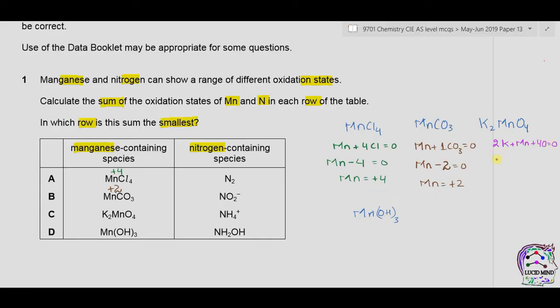Potassium is in group 1 of the periodic table, so its oxidation state is +1. So for 2 potassium it will be +2. Then we have manganese, then 4 oxygen. For 1 oxygen it is -2, so for 4 it will be -8. So Mn minus 6 equals 0, so Mn equals +6.